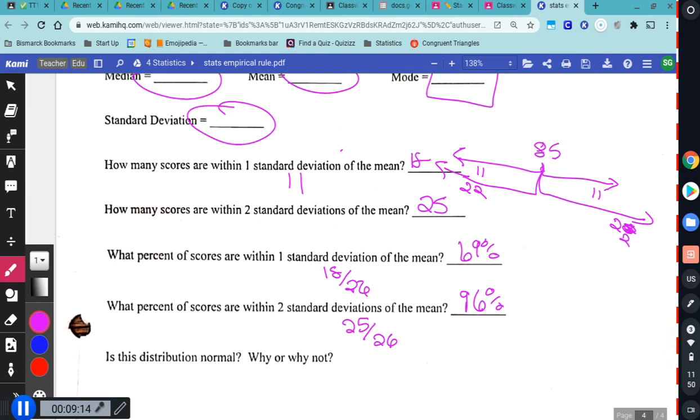So now we're asking the question, is this distribution normal? Why or why not? Well, we were expecting 68% of the data to be within 1 standard deviation of the mean. We got 69. And we were expecting 95% to be within 2. We got 96. So no, it's not normal, but it is really, really close.